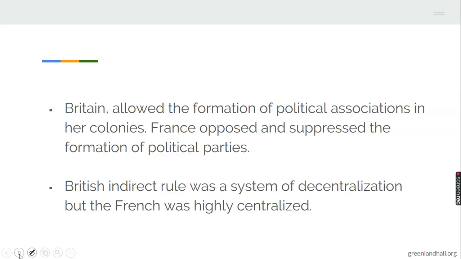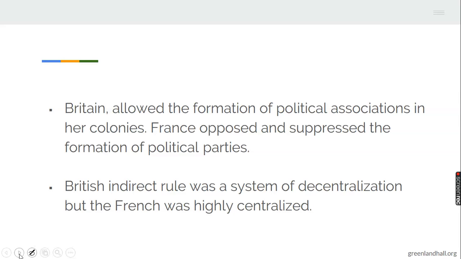Another one, Britain allowed the formation of political associations in our colonies. That was when we had the first political party, formed by Sir Macaulay, the NNDP, Nigerian National Democratic Party, in 1923. And we have NYM, NCNC, just to mention but a few.